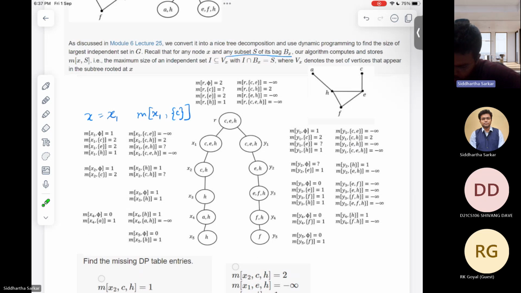So let me mark C, E, H, and A. So what is the maximum subset of these four vertices in the original graph that forms an independent set? At the same time, the intersection of the independent set with the bag CH is exactly C. So we are asking that question when we are writing this table entry.